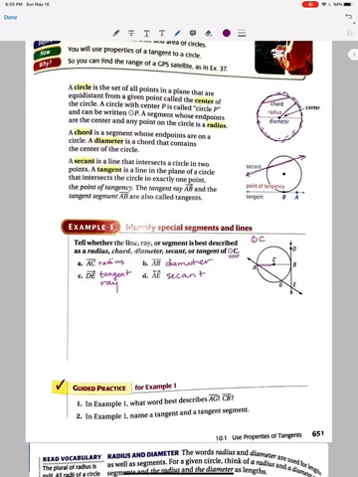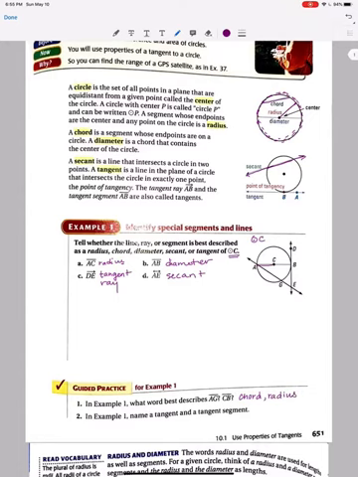Okay, in example 1, what word best describes AG? Oh, that is a chord because its endpoints are on the circle. It doesn't continue outside like AE, which was a secant. And CB. Oh, CB is a radius. And there are multiple of these.